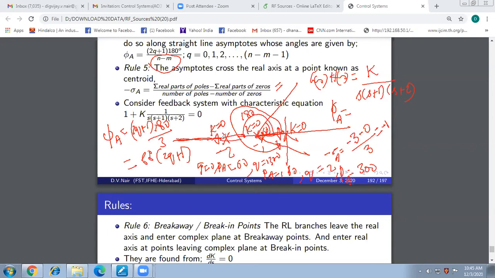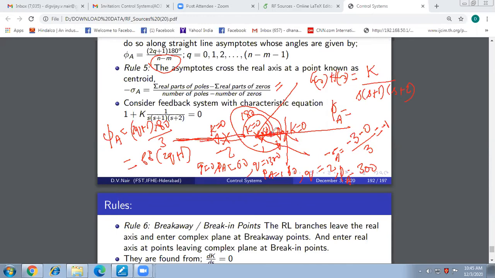Along this asymptote, one branch is already moving, right? These two branches, one originating at minus 1, one originating at 0, will leave the real axis somewhere. That point where they leave the real axis is called the breakaway point. We will see how to find the breakaway point.